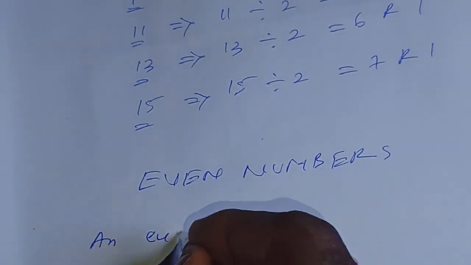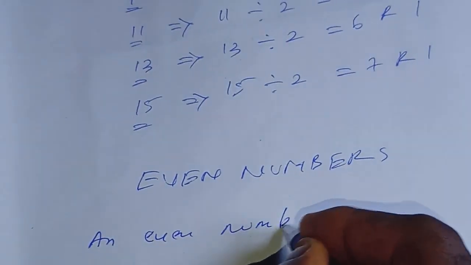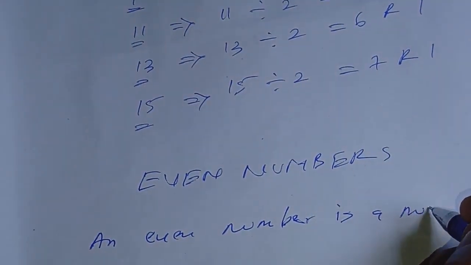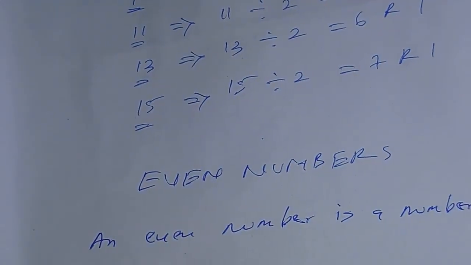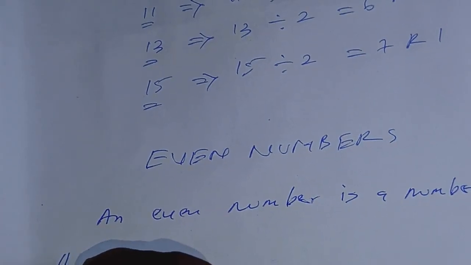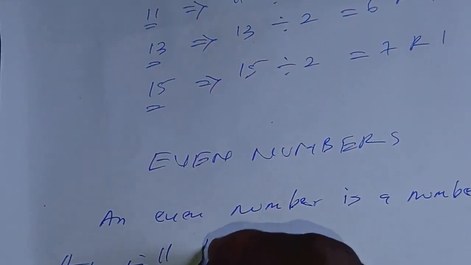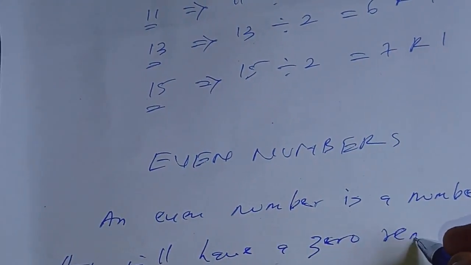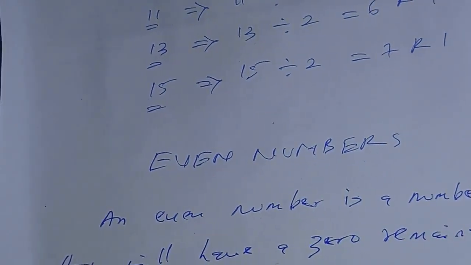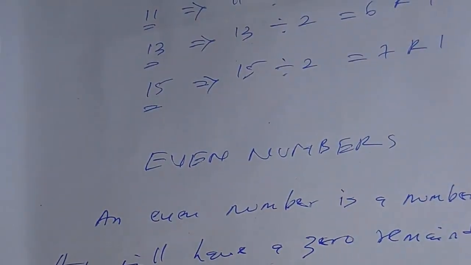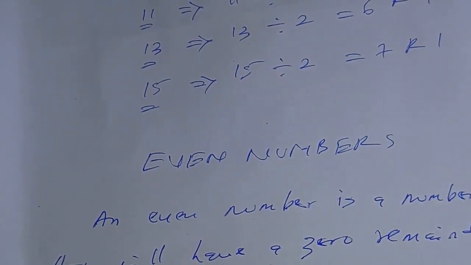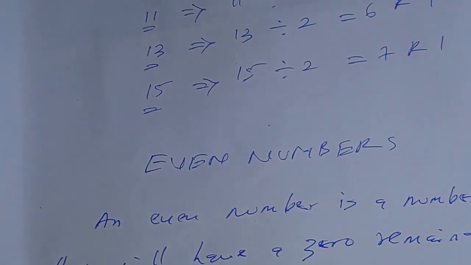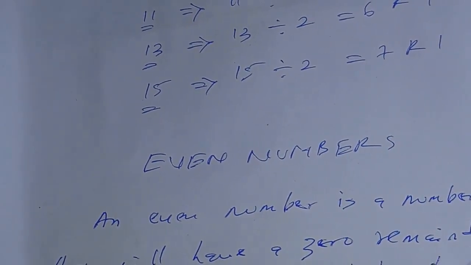An even number is a number that will have a 0 remainder, that's no remainder, when it is divided by 2.